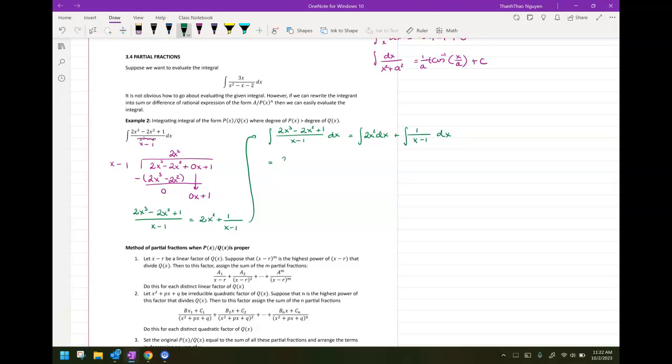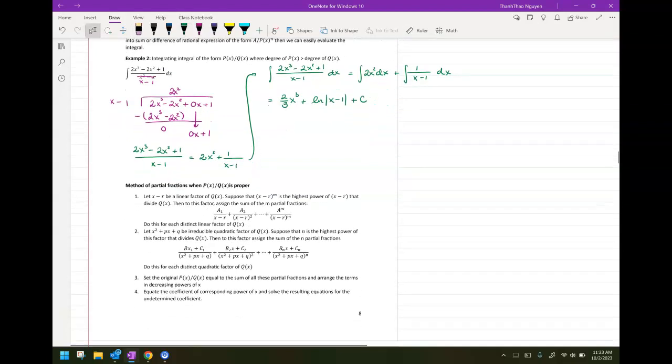So this is 2/3 x to the third plus ln of the absolute value of x minus 1 plus a constant. So that is the case when the degree of the numerator is greater than the degree of the denominator. Again, we do the long division, and we use the integration techniques that we have learned before to separate the integral and go from there.